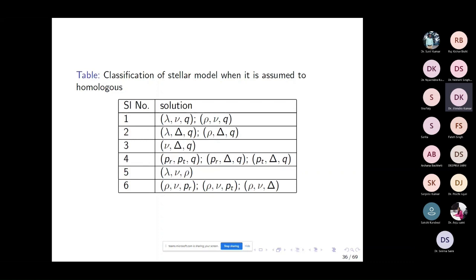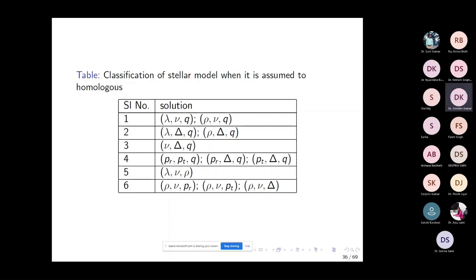So we can choose a function lambda that is monotonically increasing in the range, and similarly nu and q must be monotonically increasing functions. Because we know the nature of these, we can assume the functions accordingly.